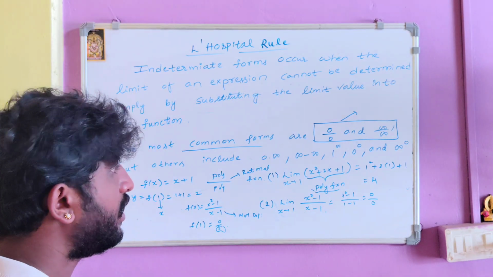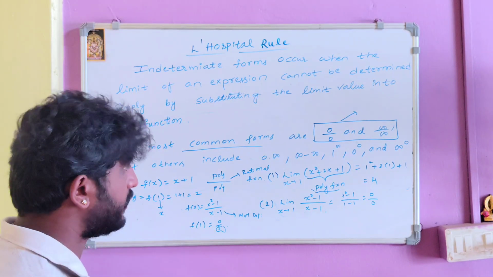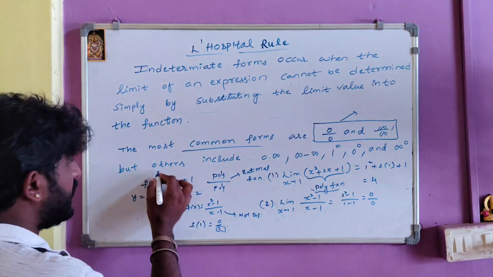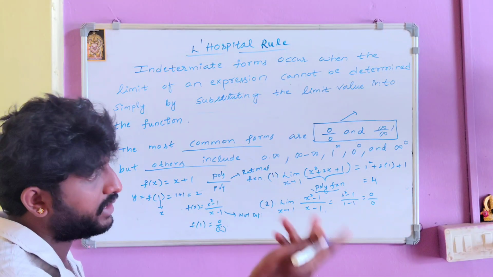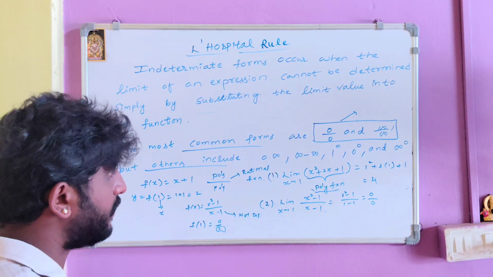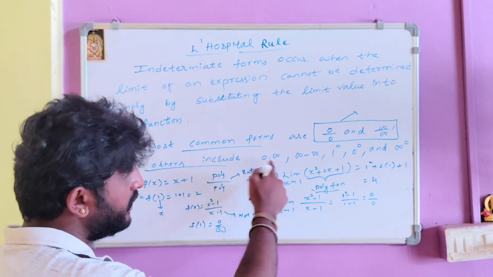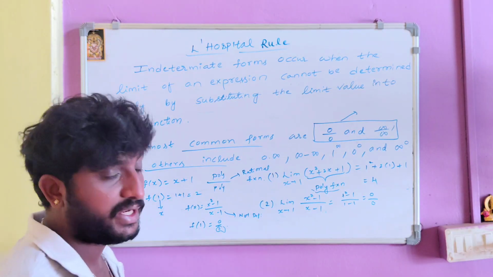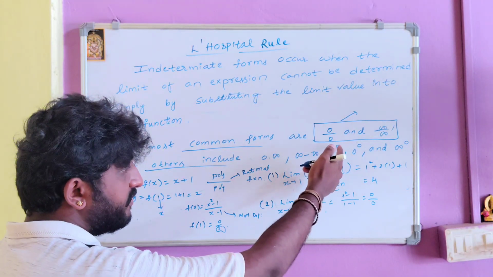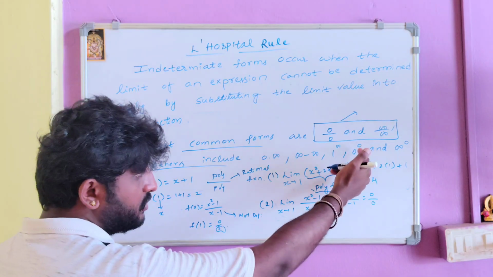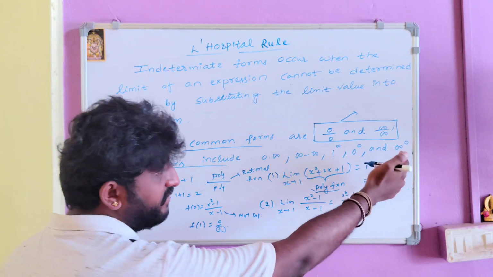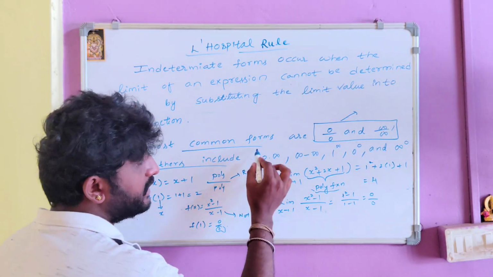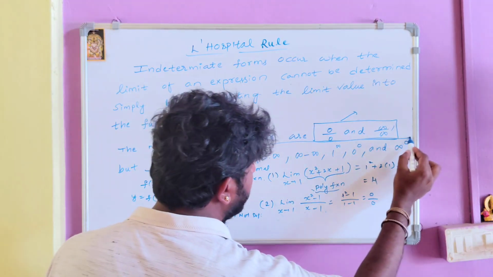But there are some other indeterminate forms also: 0 into infinity, infinity minus infinity, 1 raised to the power of infinity, 0 raised to the power of 0, and infinity raised to the power of 0. These forms are also called indeterminate forms.